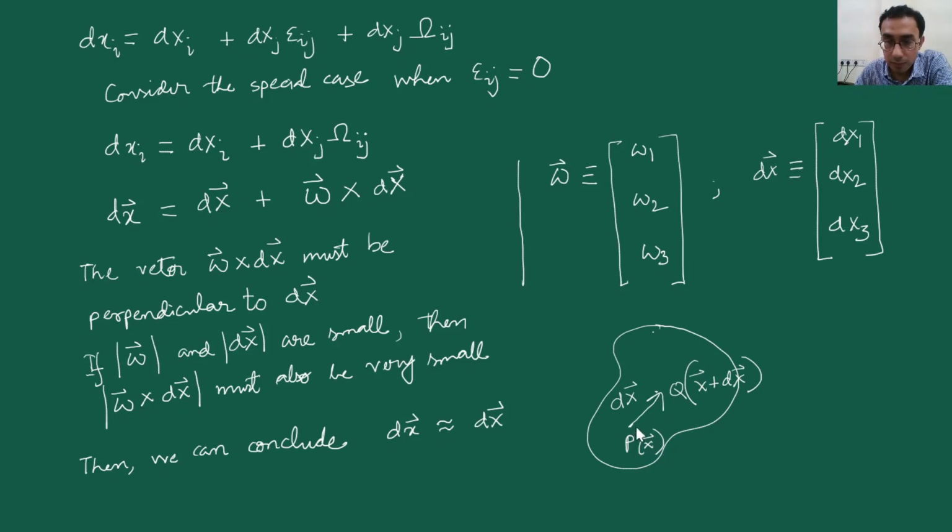So this relative vector from P to Q is the dx vector, and we are saying that the overall displacement is brought about through this omega such that it is perpendicular to this dx vector, and that is why it is like a rotation. So you have this kind of a thing and it's just rotating about like that. As a result of this special kind of displacement, together with the fact that epsilon ij is equal to 0, the relative displacement, even in the undeformed state, doesn't change.